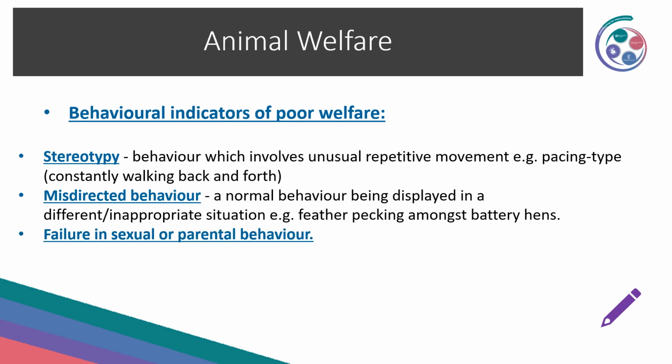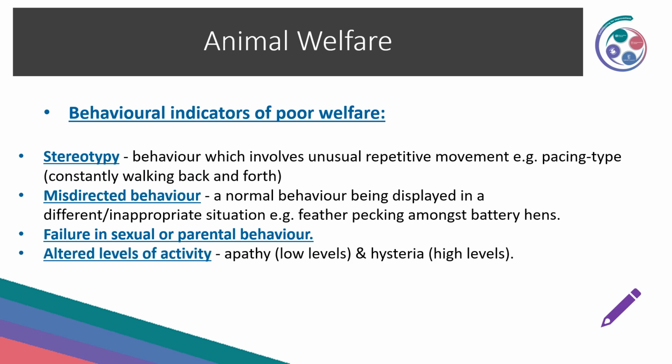The third behavioural indicator of poor welfare is failure in sexual or parental behaviour. Reproductive output is usually a measure of animal welfare, and those who are facing poor welfare will either not reproduce, or if they do reproduce, they will neglect their young. Finally, altered levels of activity.